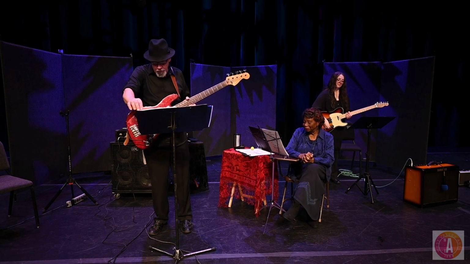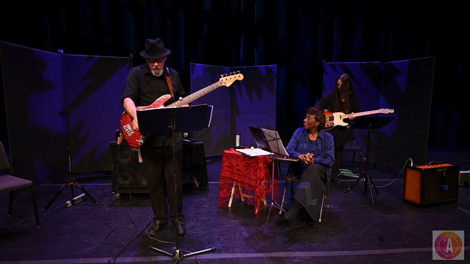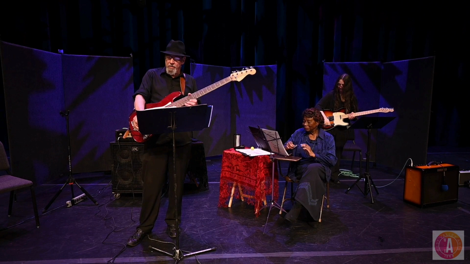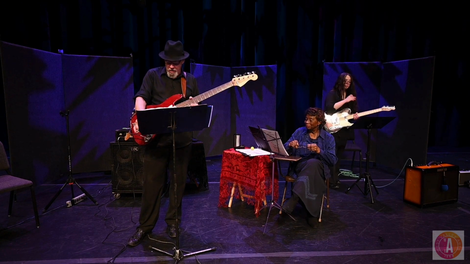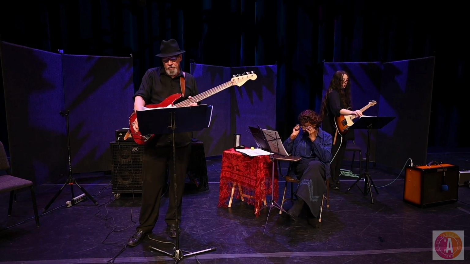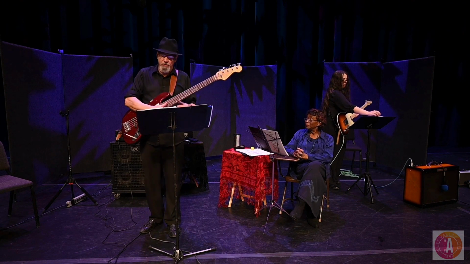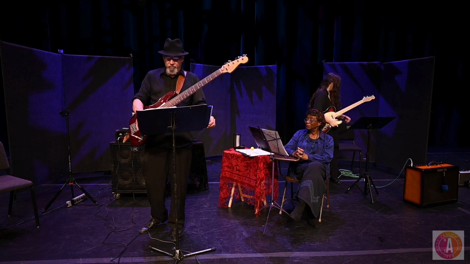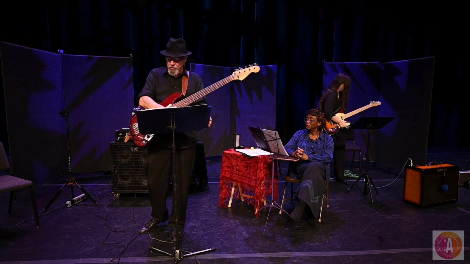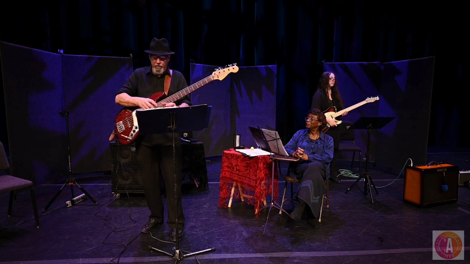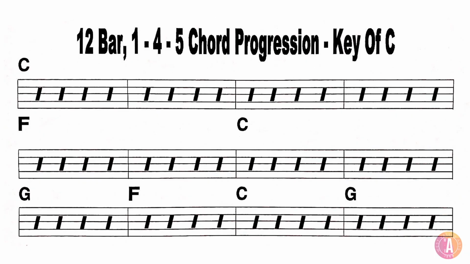Now that song was a 12-bar blues pattern, as many, many songs are. But there are other patterns as well. There's something called the 8-bar blues, which allows for a little bit more variation in the structure, in the way you can rearrange the chords. For example, the song I'm about to sing uses a 1-5-4 progression.